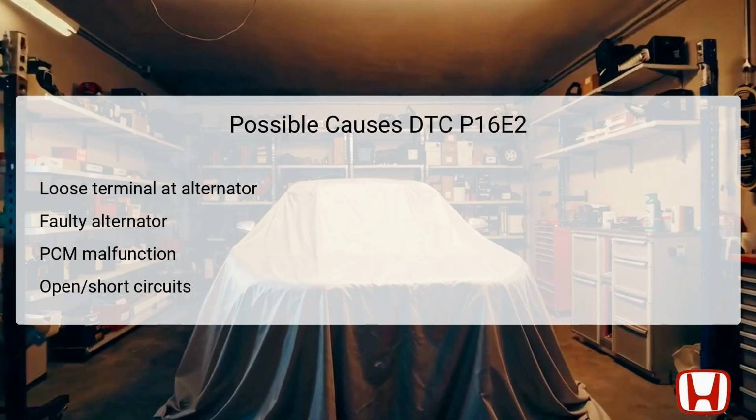The PCM itself may also fail, becoming unable to interpret data from other systems. Additionally, open or short circuits in the LIN communication lines can further complicate the matter, leading to the storage of the DTC. Understanding these causes helps narrow down where to focus during troubleshooting and can lead to an effective resolution.